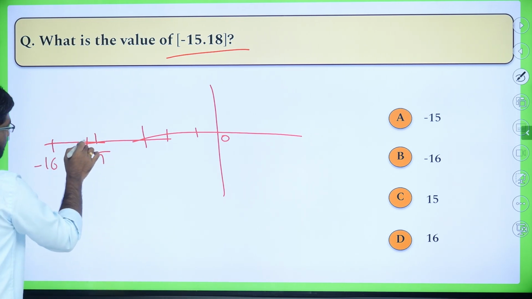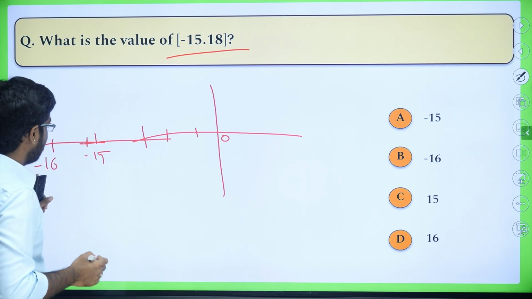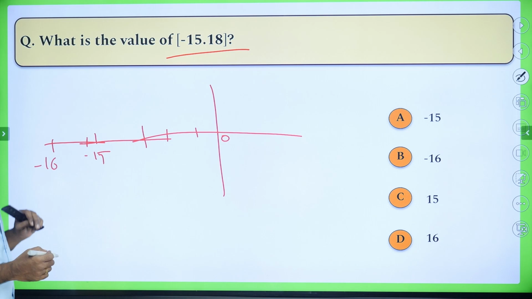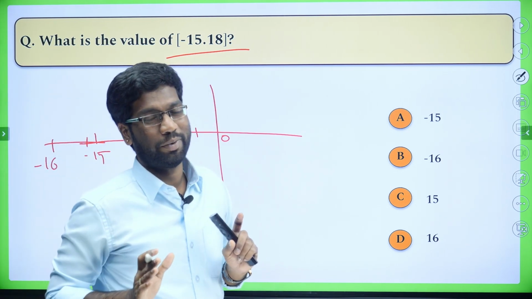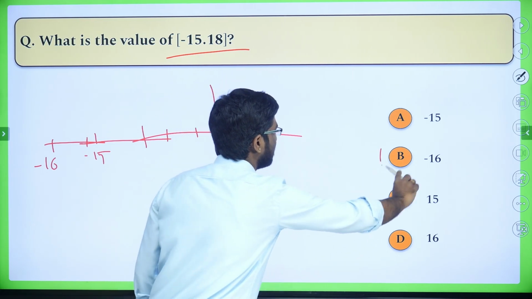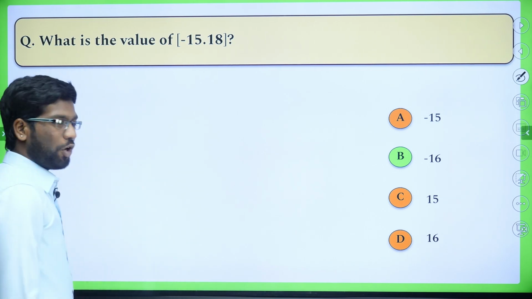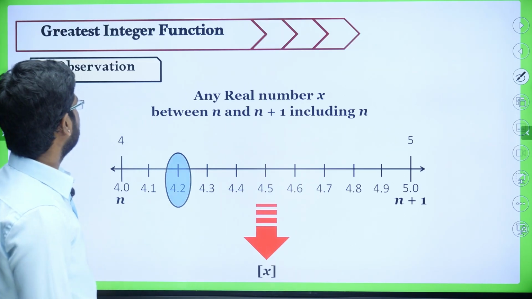In this, I have to take the left side integer, as I said before. And if you compare minus 15 and minus 16, minus 16 is the smallest integer, my dear students. When we compare these two, minus 16 is the correct answer, my dear students. I hope you understood. If you have any doubt, please ask me, my dear students.